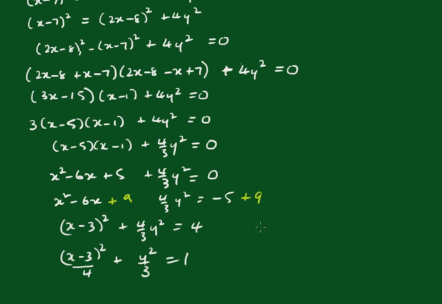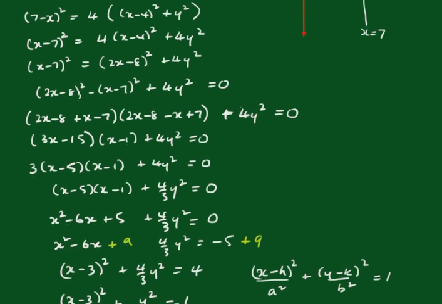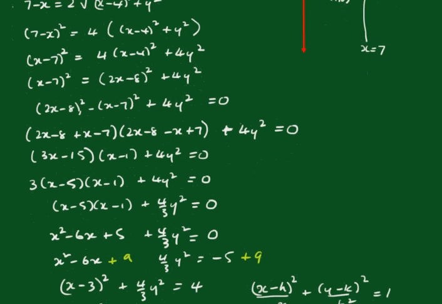Now the form it takes is this. It's (x minus h) all squared on a squared plus (y minus k), this time k is 0, all squared on b squared is equal to 1. Now, what we can do here is go back to our original thing. I'll better write this back up here.